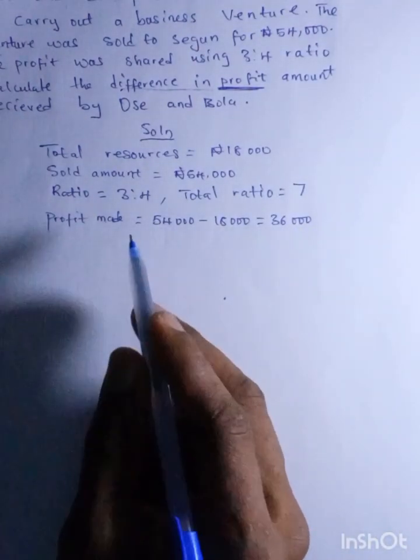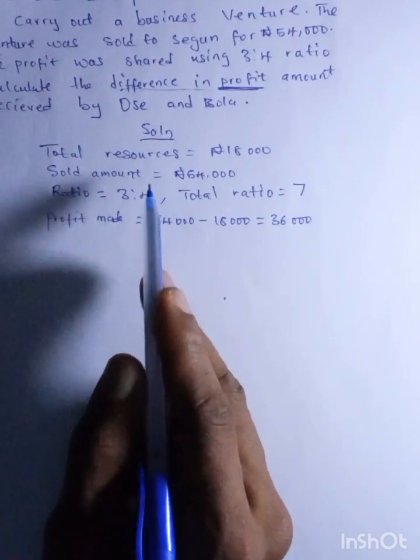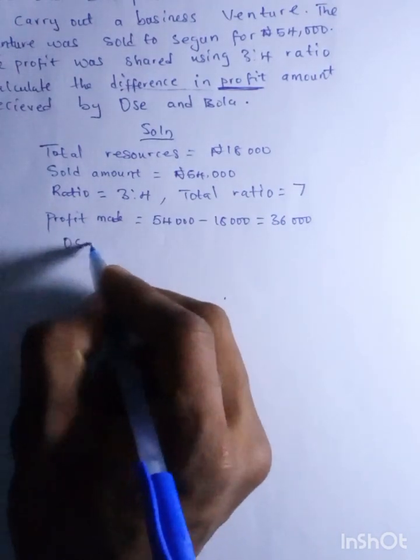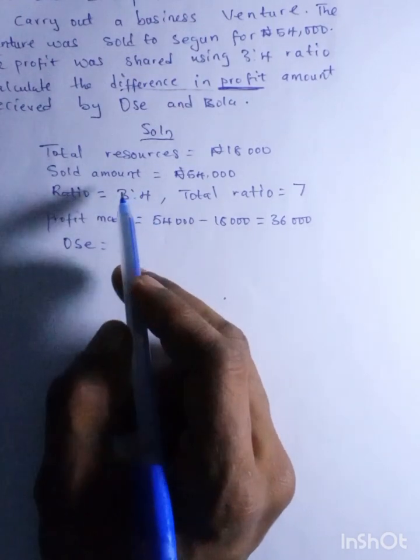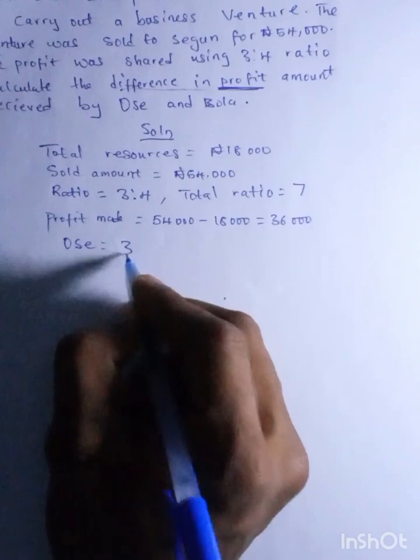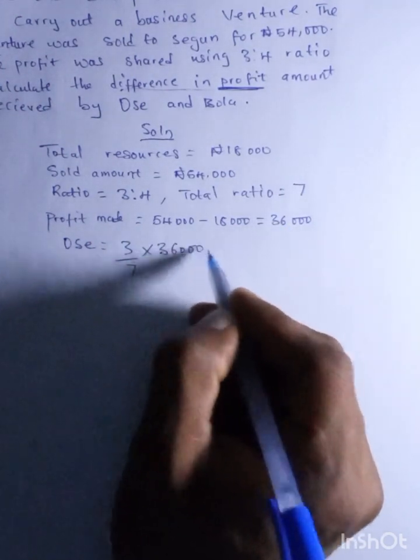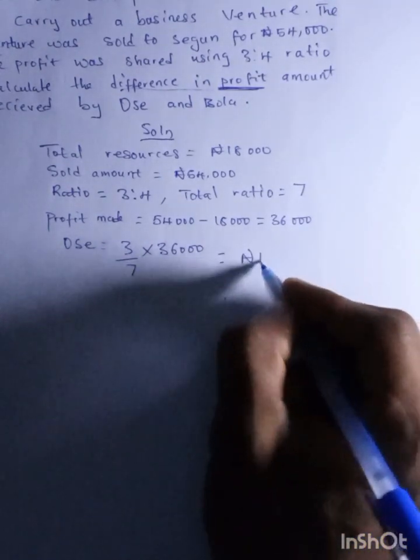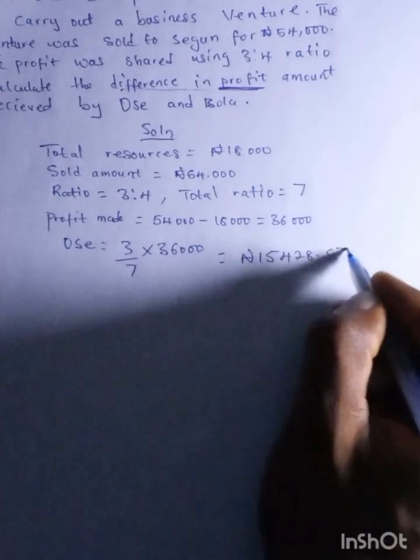Now let's get the amount collected from the profits by Ose and Bola respectively. First of all, for Ose, his ratio here is 3, because they said it's in a ratio of 3:4, right? So he's taking the first ratio, which is 3. So that's 3/7 times the total profit made, 36,000, which is equal to 15,428.57.